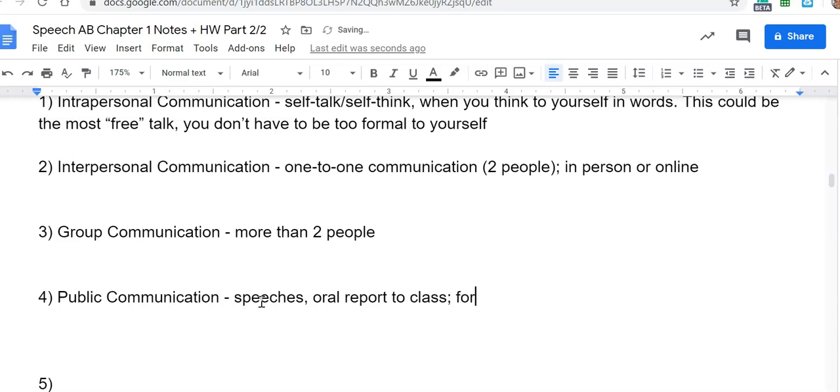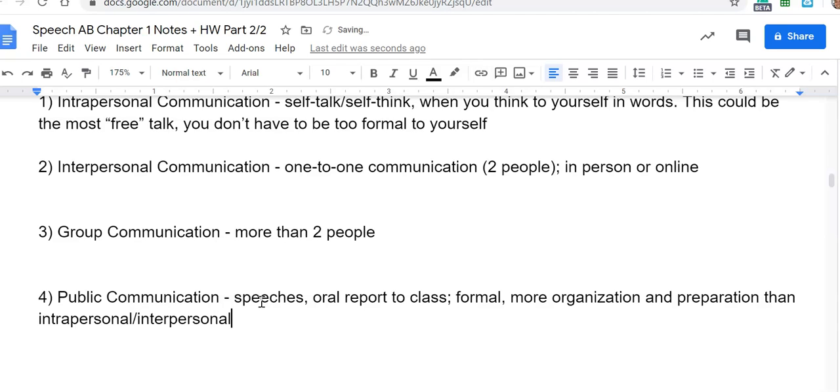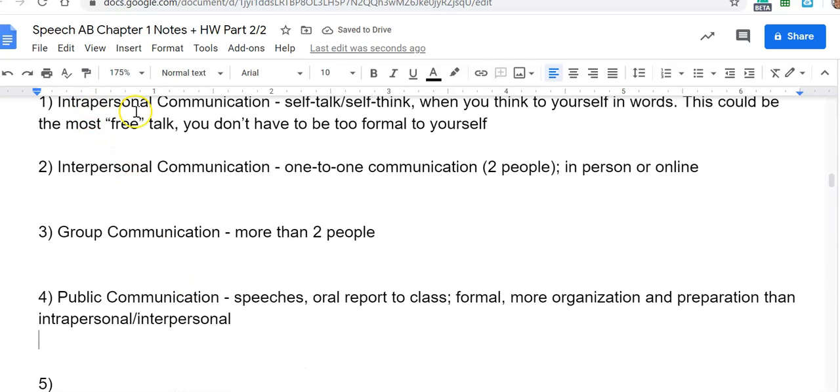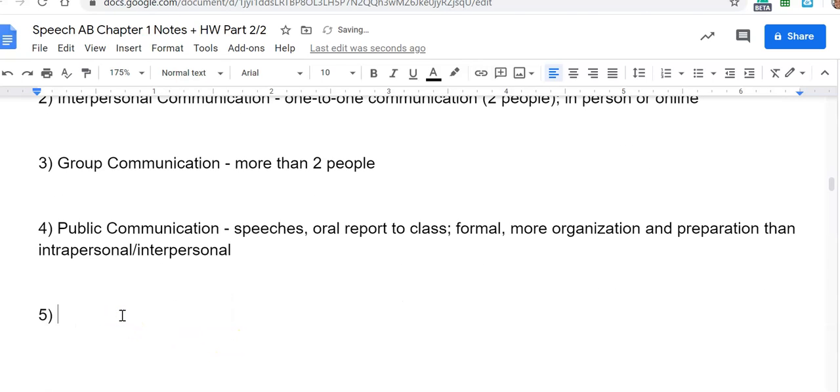And here it's definitely formal, and it requires a little bit more organization and preparation than interpersonal communication. Of course, chapter 1 is still an overview, so all of these will be talked about again in the later chapters.